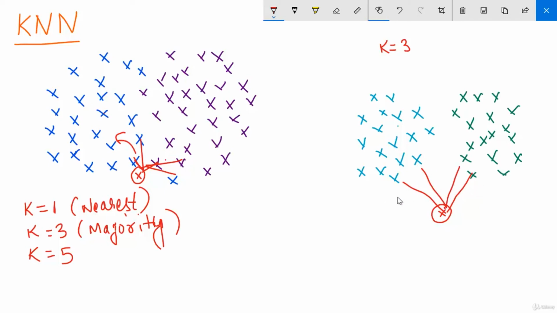So here it fails, it cannot decide where this new data point belongs. If you say this is the nearest one, are you convinced that this is nearest and not this? You cannot say that, so this is not convincing at all. So in such cases KNN fails.